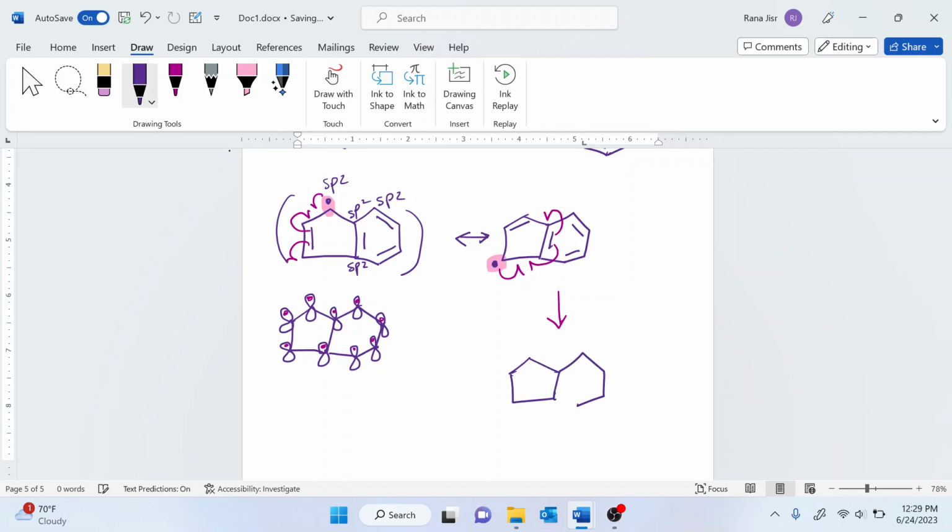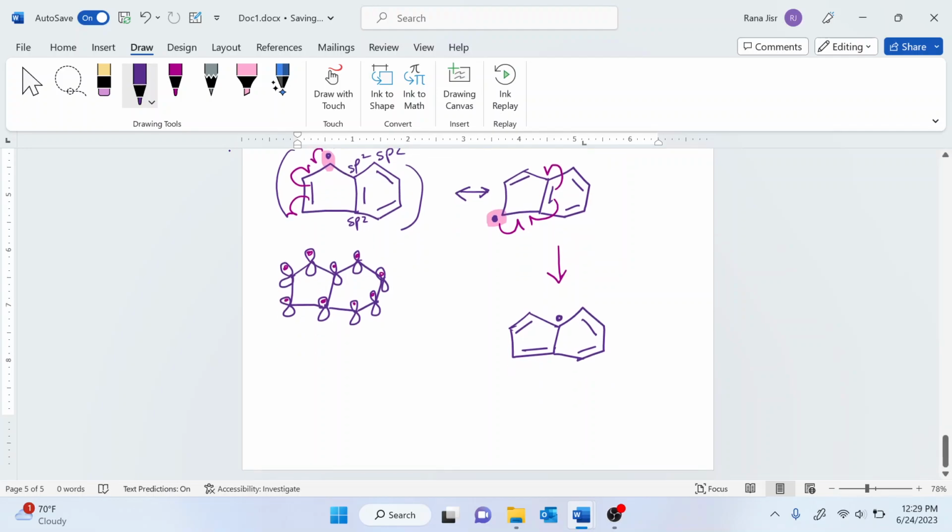Notice now I moved the double bonds of the benzene, because even if I move the double bonds of the benzene, I'm still going to have a conjugated system. So I can still do that. Here you go. Don't forget your double bonds. You need to have the same number of double bonds that you started with. So I'm going to have a free radical in there.